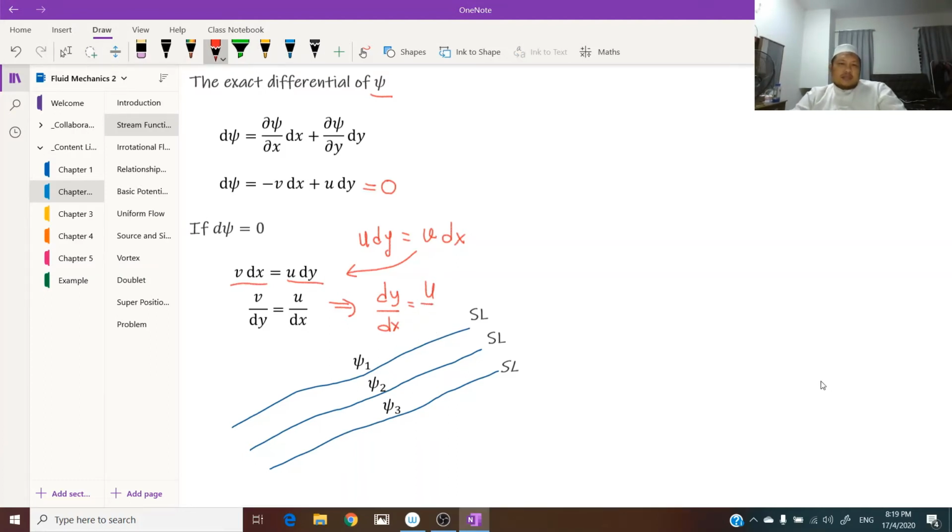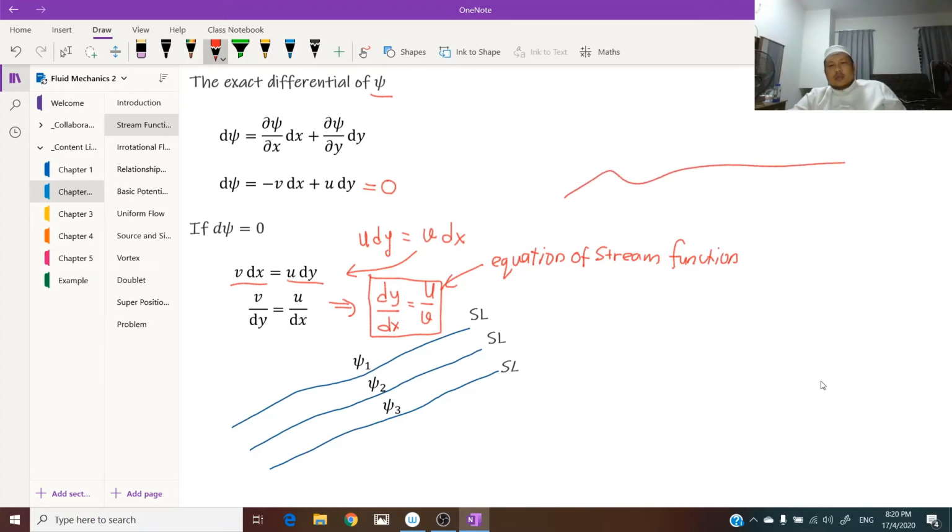If you still remember in the previous lecture, we call this the equation of stream function, where you have this line. I already explained this in the previous lecture.